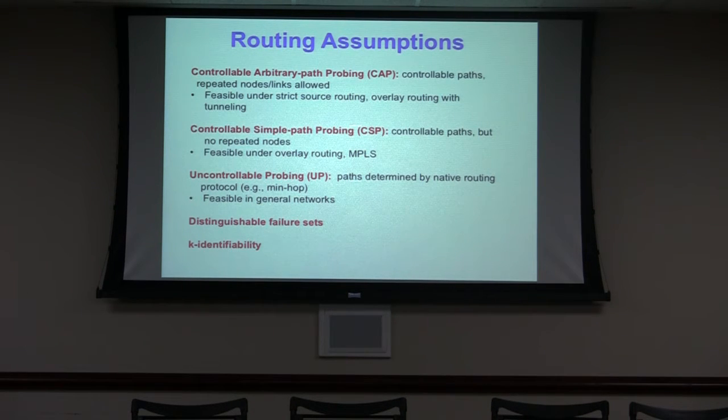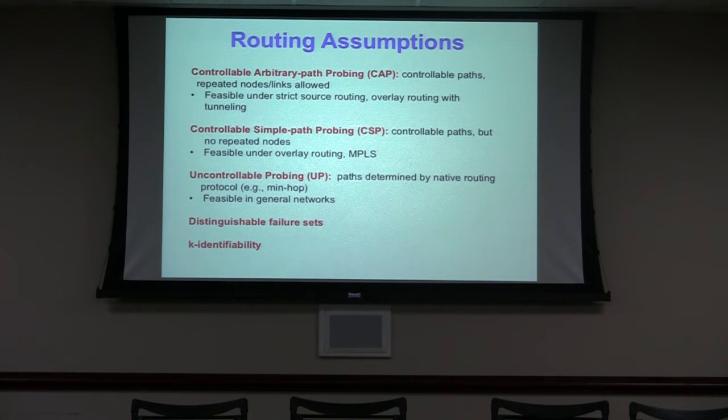And UP is uncontrollable, which is where the protocol tells you what you can do. In many networks, min-hop routing is used, and that's all you can use. You don't have control over it, you cannot do source routing. All you can do is what's used. And of course, UP will be much more difficult than CAP, where you can do anything.